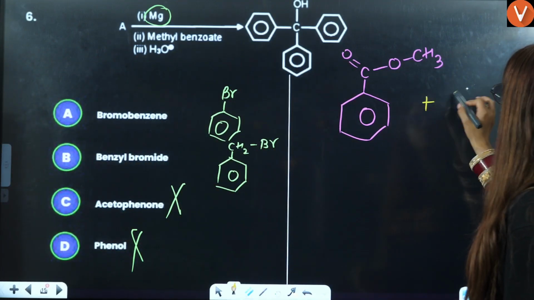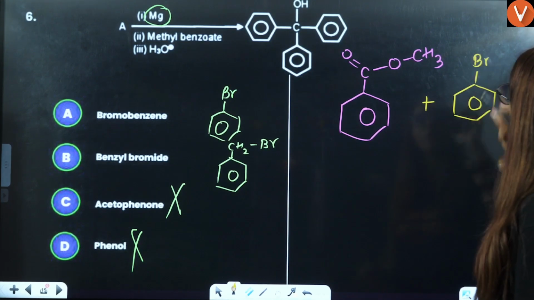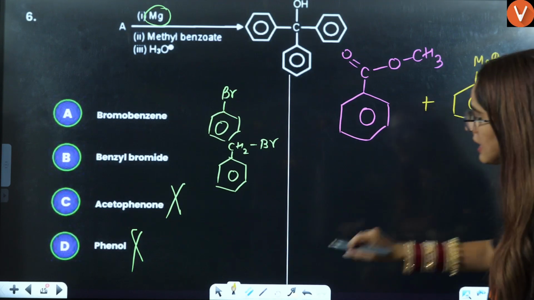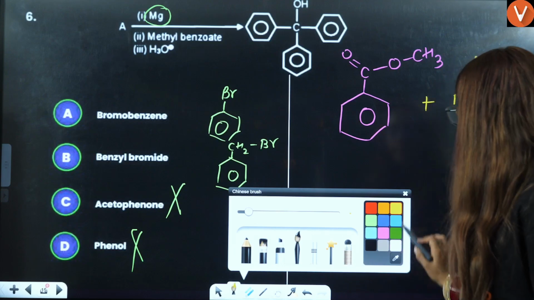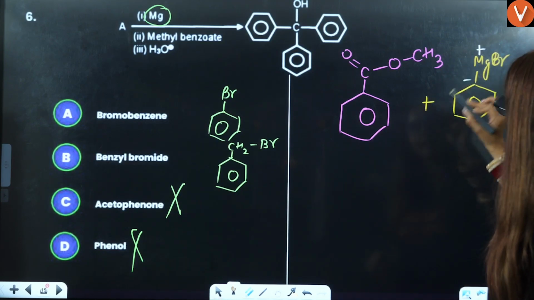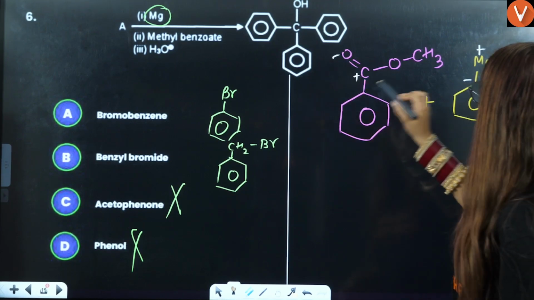When you react this with bromobenzene, I think there is some typing mistake. When you react this with bromobenzene Grignard reagent, that is on benzene, you have MgBr. What will happen here? This is the positive part. This is the negative part.